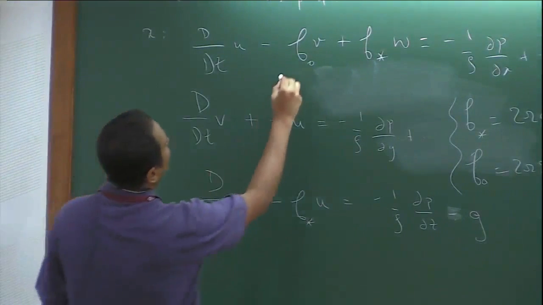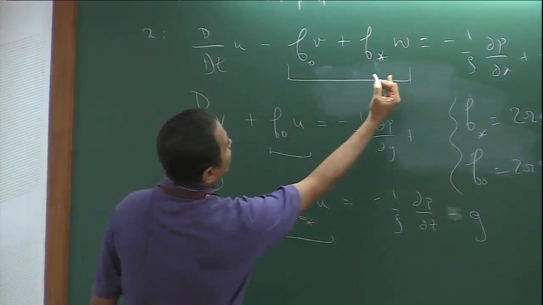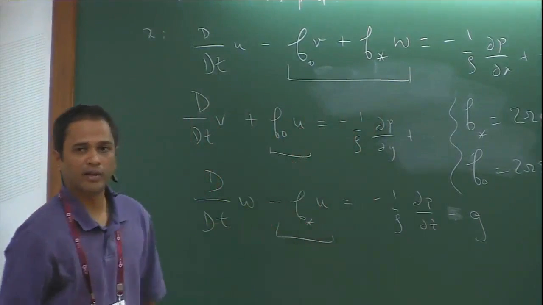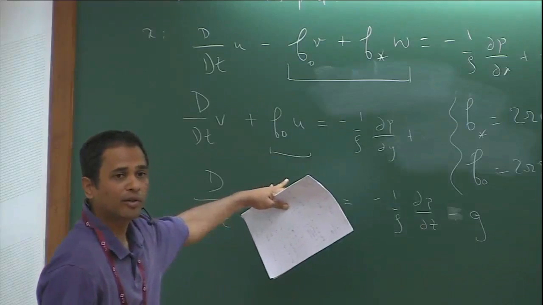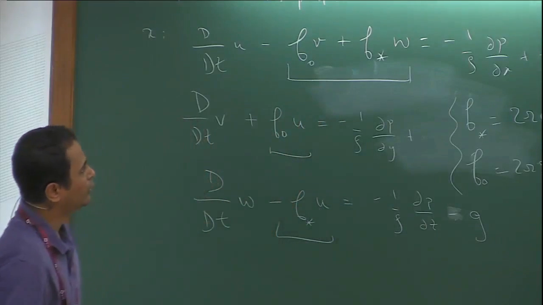So basically you get an extra term of the form f0 v, f0 u, and f star u. This is the effect of the rotating coordinate system or the Coriolis force on our fluid, right?